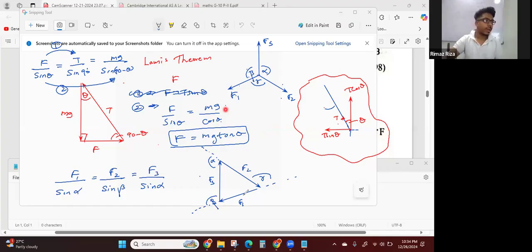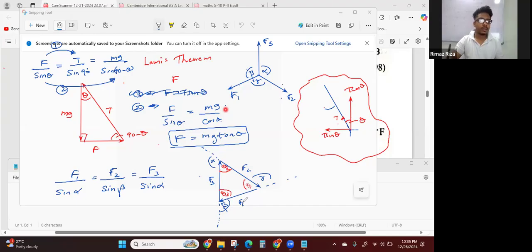So now here I take three angles. Let's say this angle is theta 1, this angle is theta 2, and this angle is theta 3.